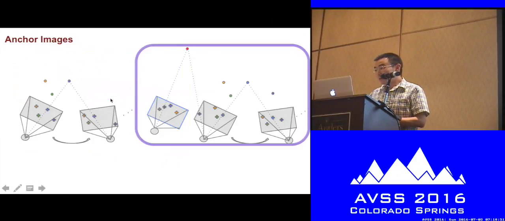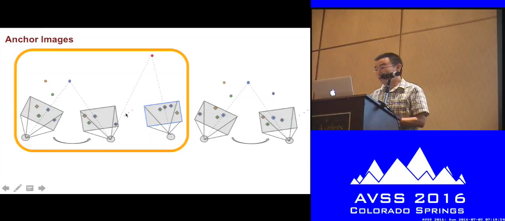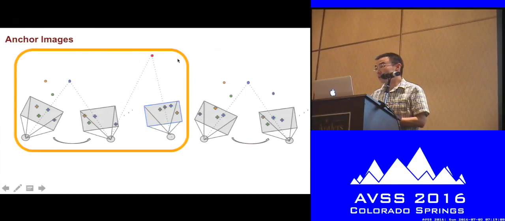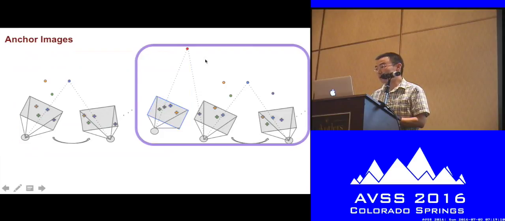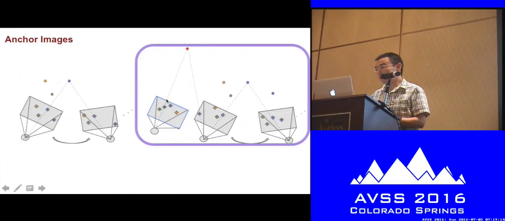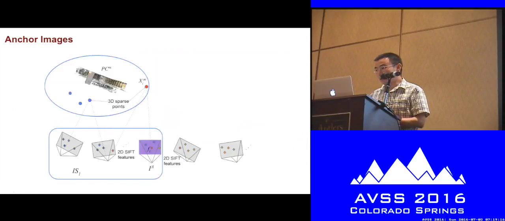How it works is that when we do reconstruction of this anchor image with this cluster, these features contribute to these 3D points. And when we do 3D reconstruction of this anchor image with the other cluster, this feature corresponds to another point. There are two points in two clusters, but they correspond to one feature.